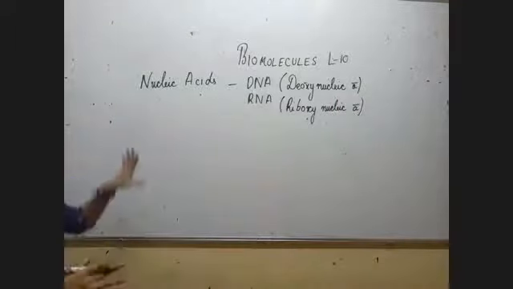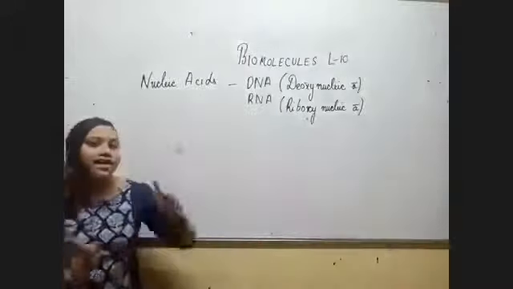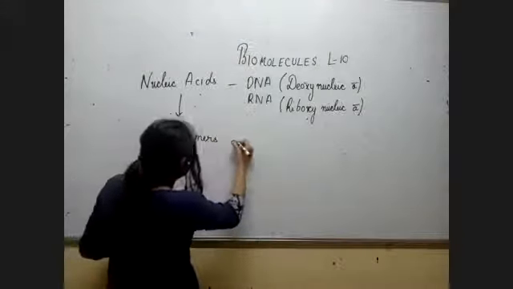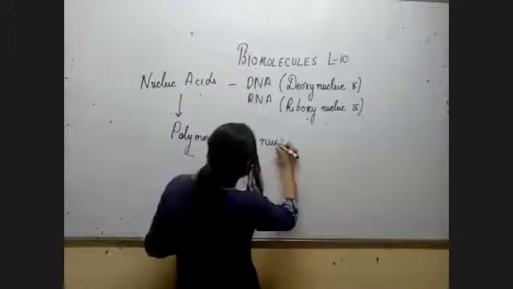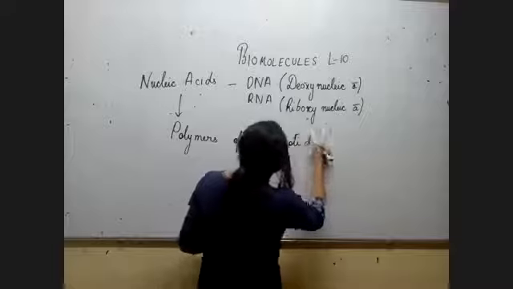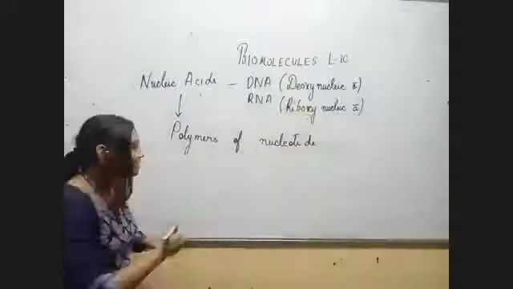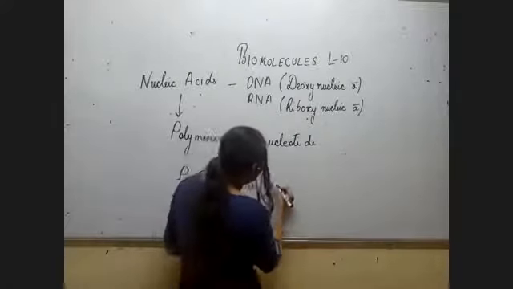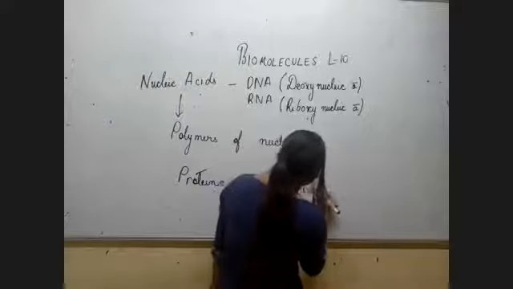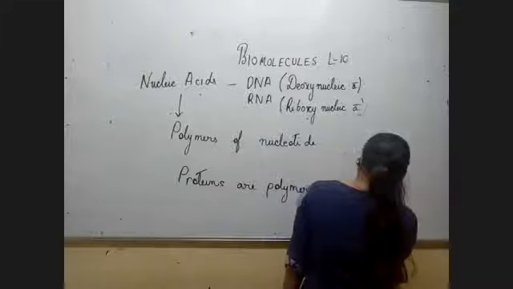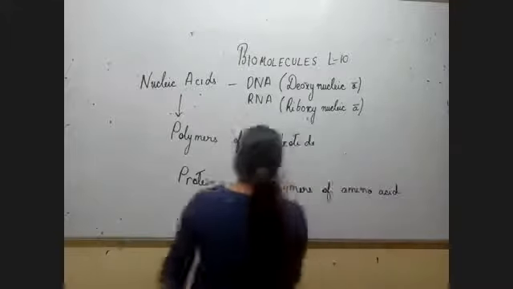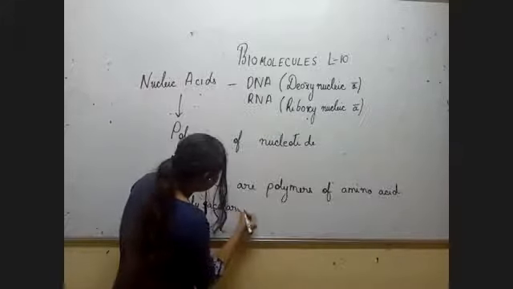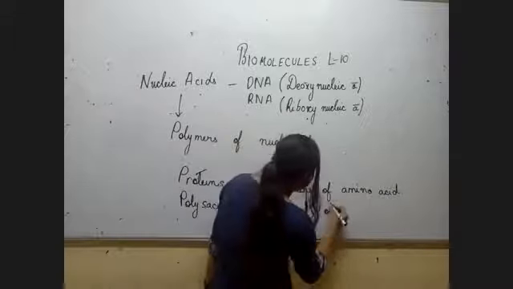So what are nucleic acids made up of? They are polymers of nucleotides. Like when I studied proteins, proteins are polymers of amino acids, and polysaccharides are polymers of monosaccharides.